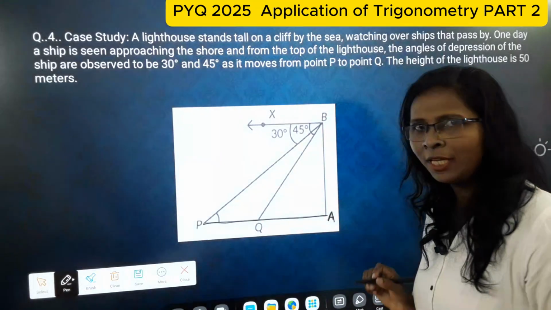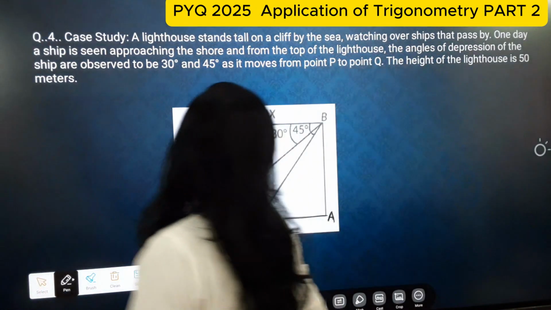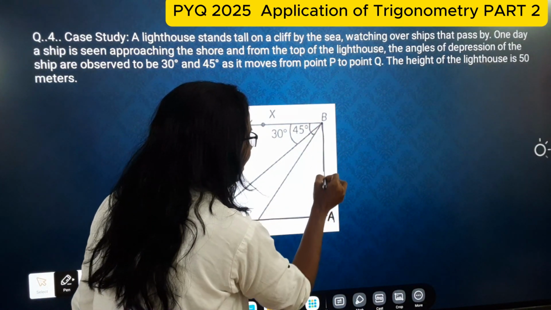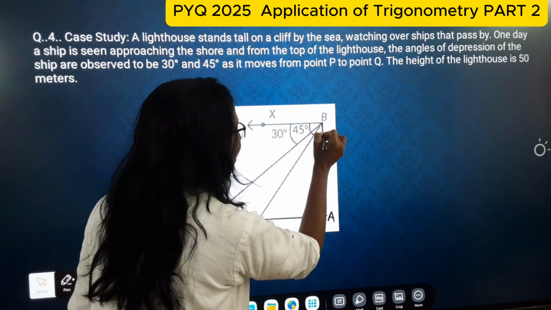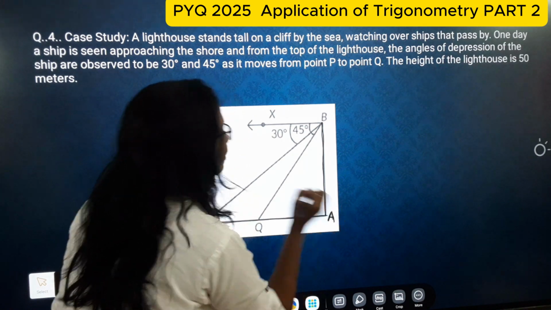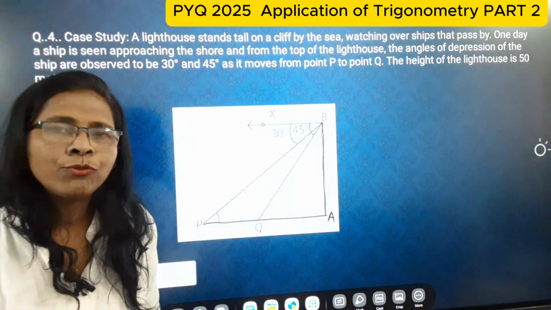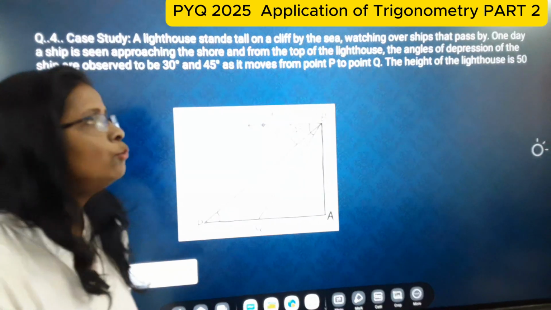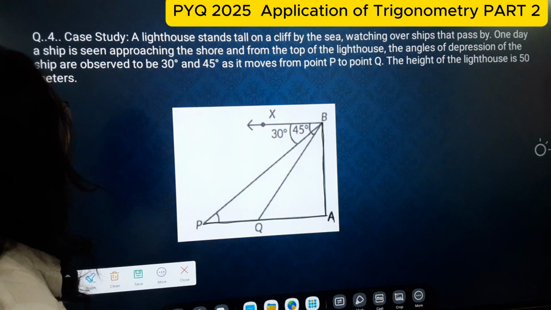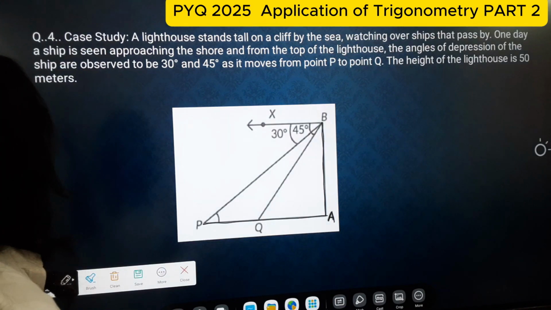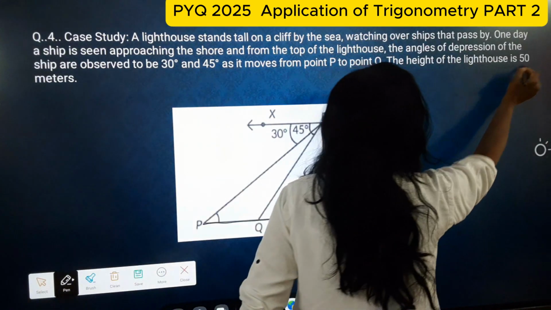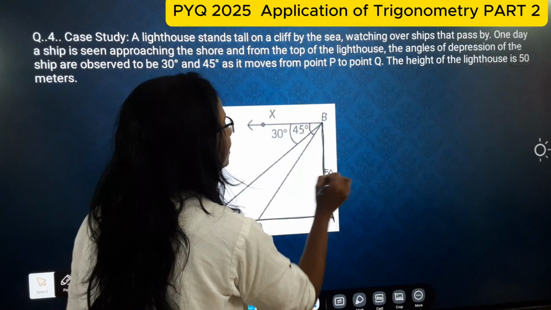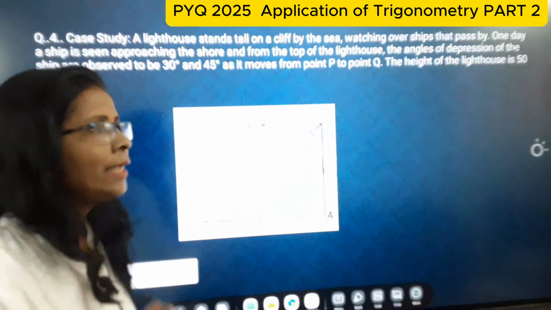We draw AB, where AB represents the height of the lighthouse. And the height of the lighthouse is 50 meters. So AB represents the height of the lighthouse.